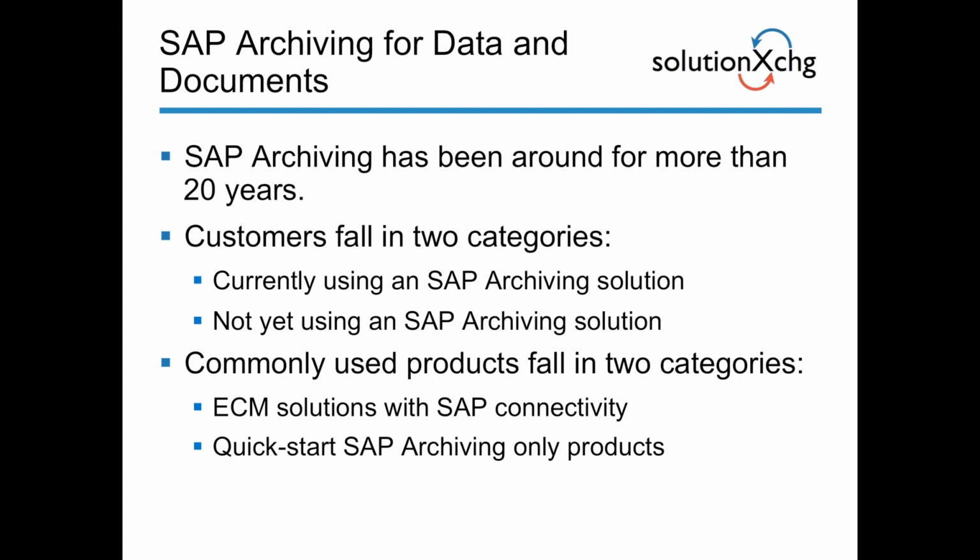They also have SAP connectivity. Some have been built around that SAP connectivity and expanded. Others have added SAP connectivity as an add-on rather than as a predominant function of their solution kit.